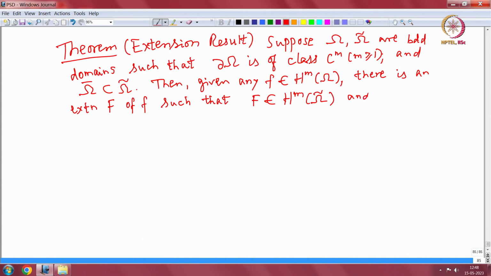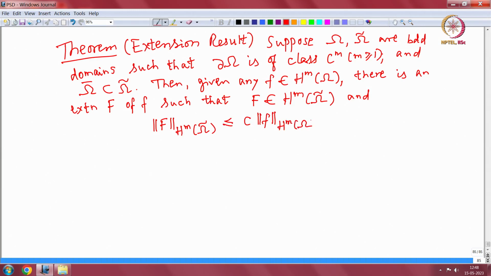So this F we should have control: the Hm norm on omega tilde is less than a constant times the Hm norm on omega.